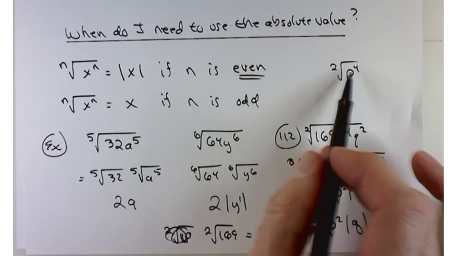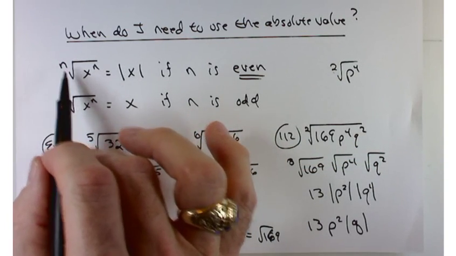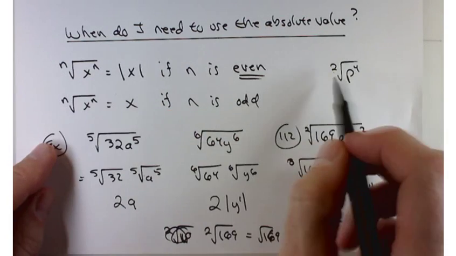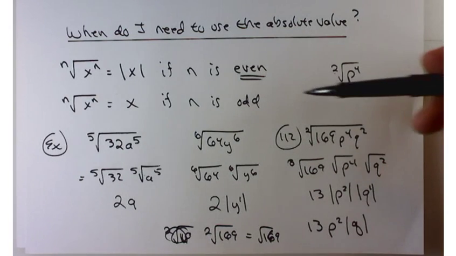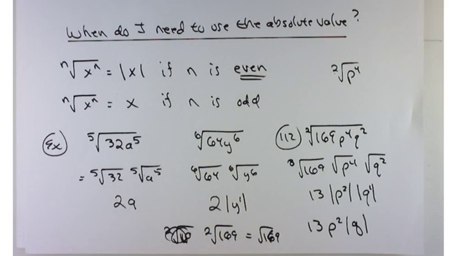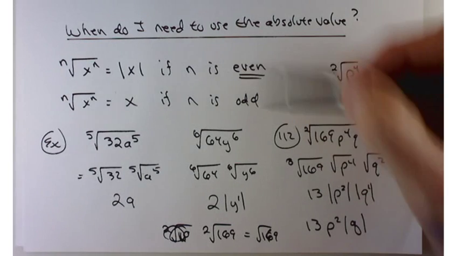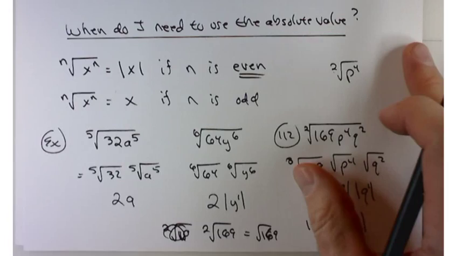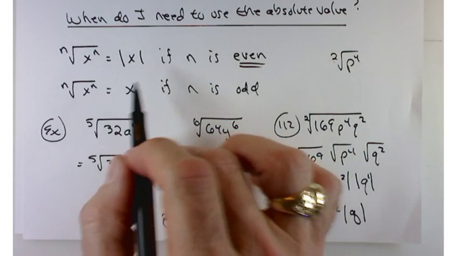In order to use this rule about when you use the absolute value, these things have to be the same. The 2 and the 4 are different, so this rule doesn't apply. It's not to say that it does or doesn't have an absolute value. It's just saying that this doesn't tell us what to do here. That's all. So I have to have both of the powers the same, and even, in order to use the absolute value.